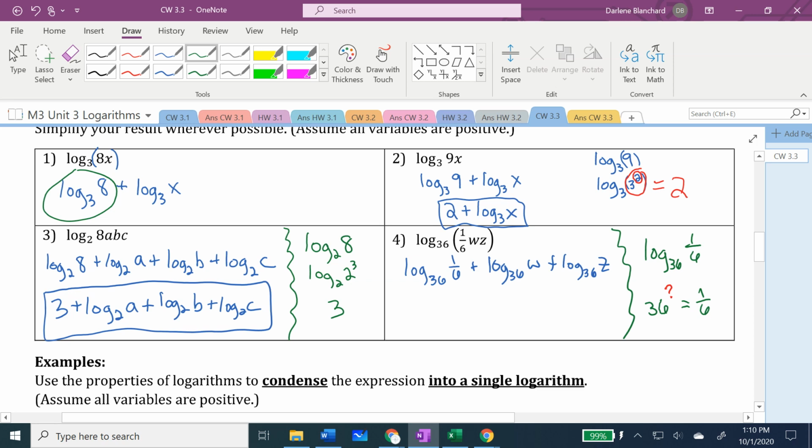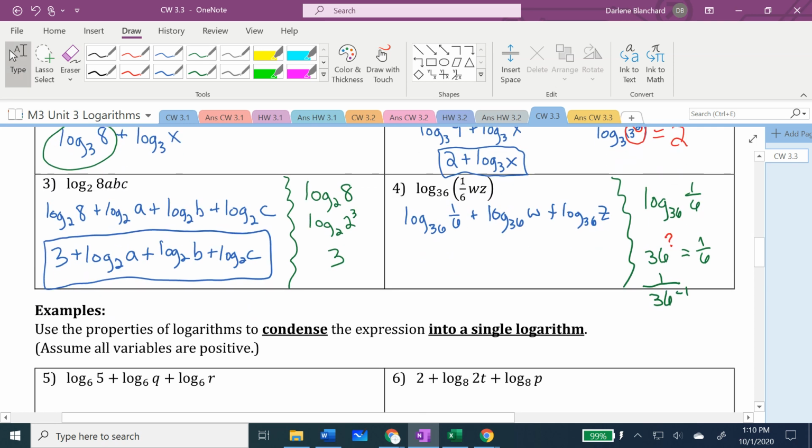And this is really a bit painful. First of all, you can write 1/6 as 1 divided by 6 to the 1 power, because of my negative exponent rules. And then do you also see that 6 is the square root of 36? And a square root is an exponent of 1/2. So 6 is 36 to the 1/2 power. Wait, hold on.